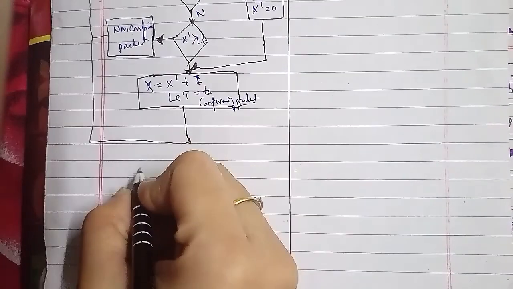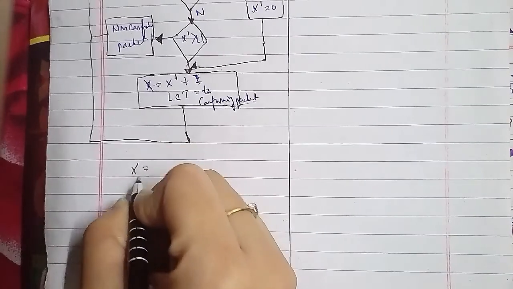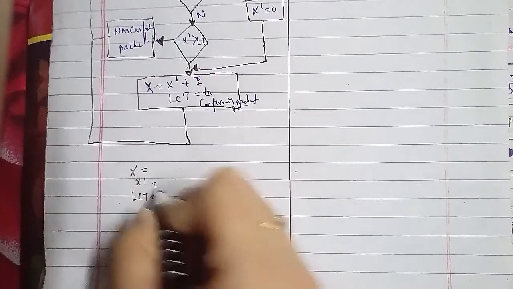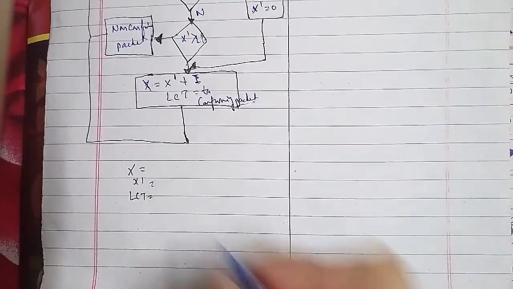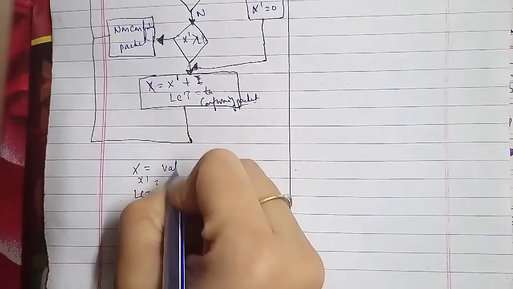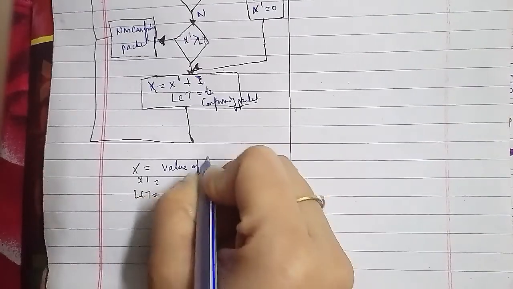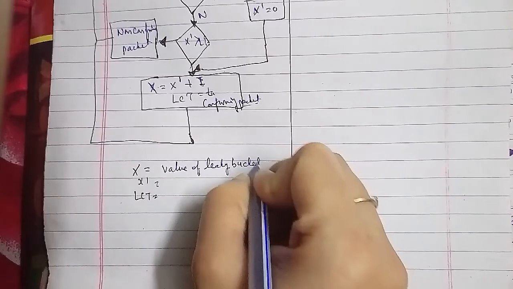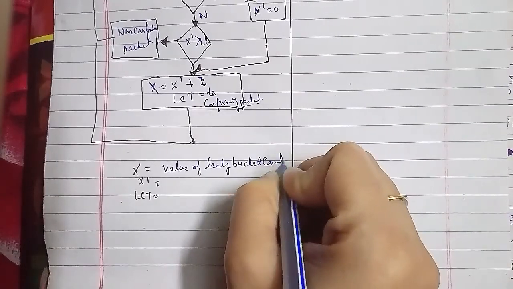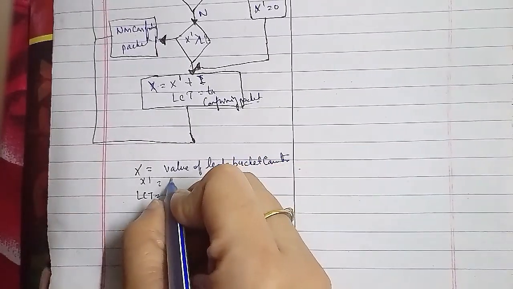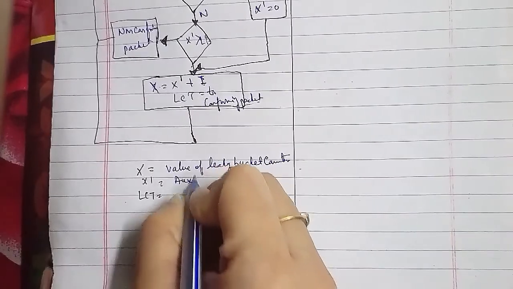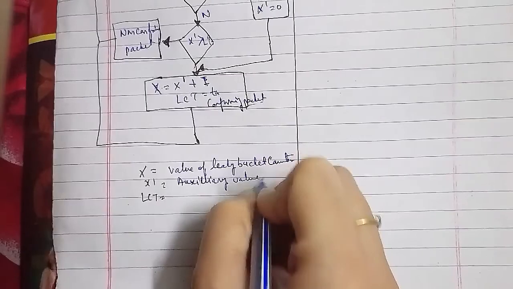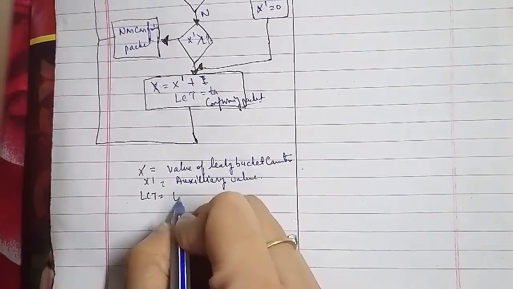So here for the x, that is your value of leaky bucket counter. X dash, we have auxiliary value, and for the LCT we have your last conformance time.